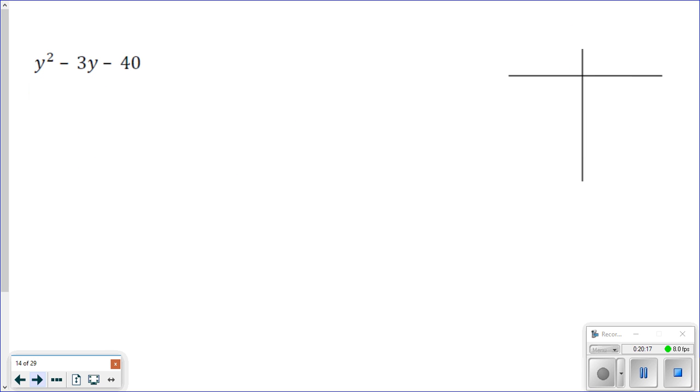The next one on our notes, we're looking to multiply to get negative 40, add to get negative 3.